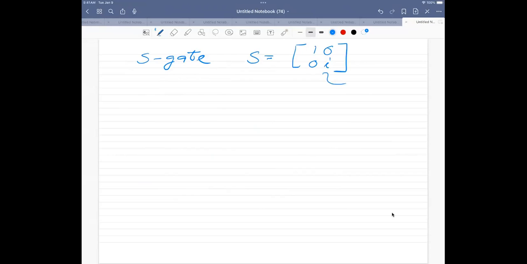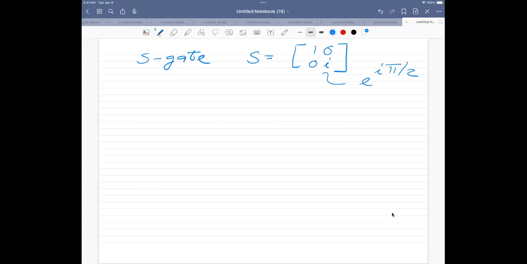So this corresponds to, when we have defined these rotation matrices, you will see that this is going to correspond to a rotation around the z-axis by 90 degrees. And it's often called a phase gate, and we are coming back to that, because this factor e to the i pi half is then a so-called phase.